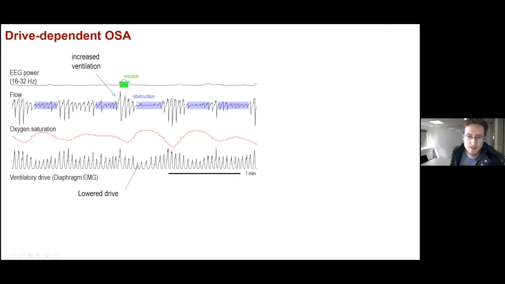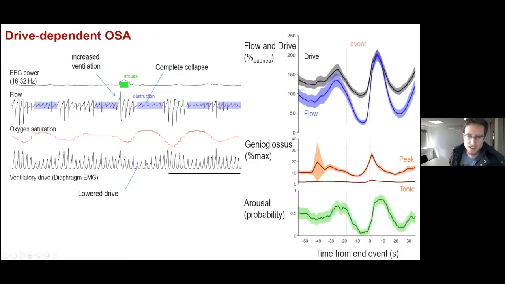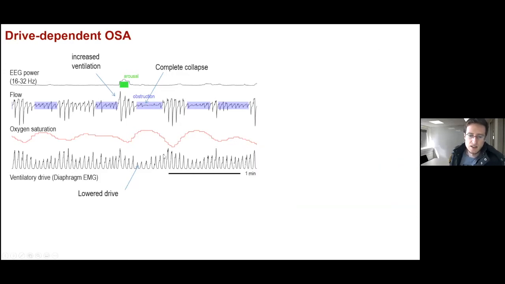When they lose drive, they also lose flow when they go back to sleep. So by having greater ventilation here, they lost flow. It's more of a ventilatory instability phenotype of sleep apnea. They end up with more complete collapse, more severe desaturation as a consequence. And then actually when they increase their drive, they're able to get flow back even without arousal. So a different look to our classic obstructive sleep apnea.